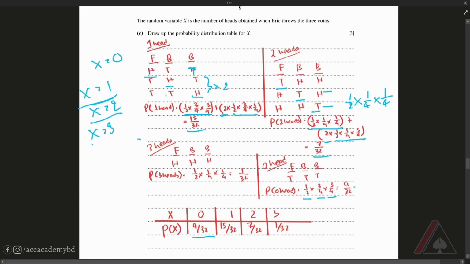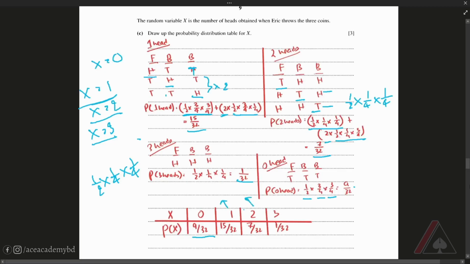Now, for 3 possible heads, we only have one possible outcome. So the fair one is a head, and the biased ones are both heads. We get 1 by 32. So we place the value of all the possibilities of the number of heads here.